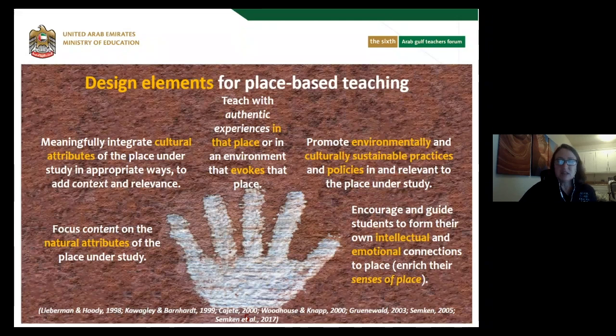And in this particular time, we're not able to do that in the place itself. That would be ideal. But we can do that in a way that evokes that place, that brings that place to mind. Moving on to the 4th design element, we want to promote environmentally and culturally sustainable practices and policies in and relevant to the place that we're studying.